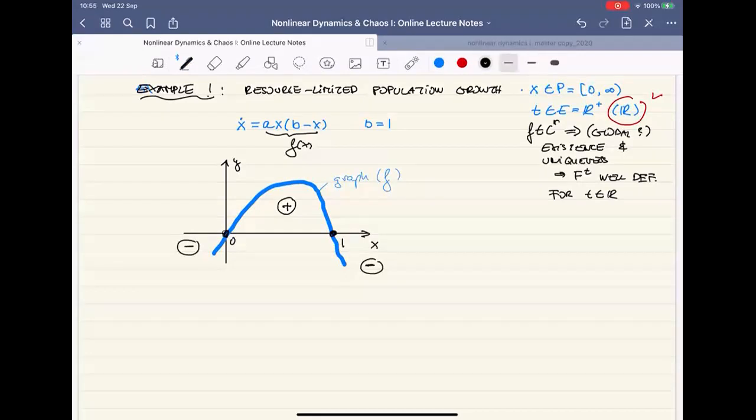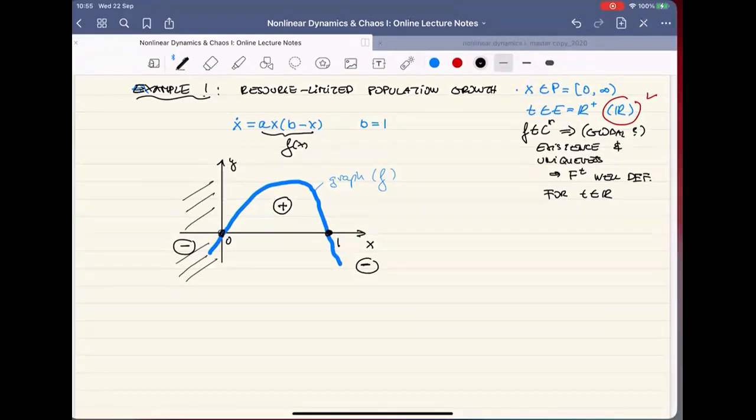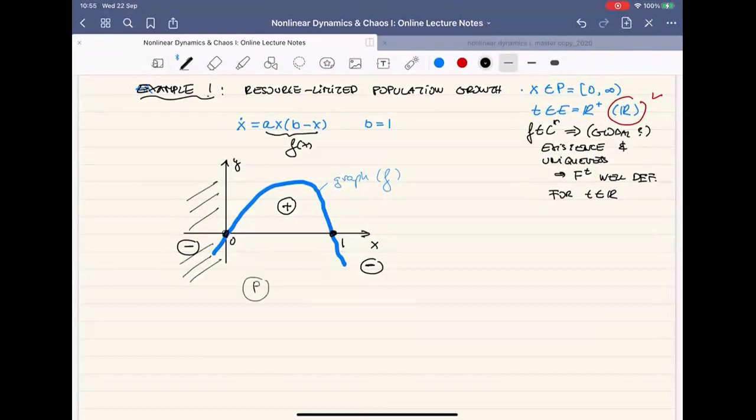So my phase space, since I don't have negative populations under normal circumstances, ends here. So the phase space is just this part. Okay. So in fact, it's not the whole picture, let's be precise. The y is just a variable that I've used to plot. The phase space as such starts here, okay? And it goes into infinity here. Okay, so that's the phase space. I don't put an N over there, and that's the phase space.